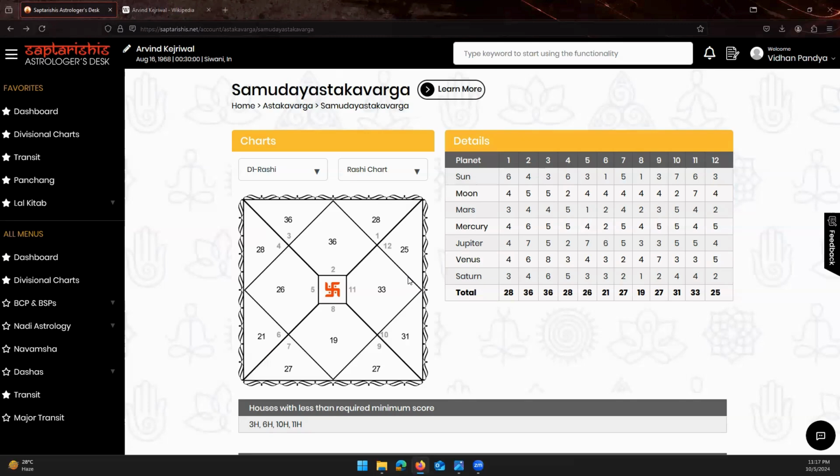Correct. So see, having 44 points in the ascendant means the ascendant is relatively stronger than the other houses, which means the person is more about self development. He is more about taking care of his own self more than focusing on the other areas of his life. Self-centered, you can also say.